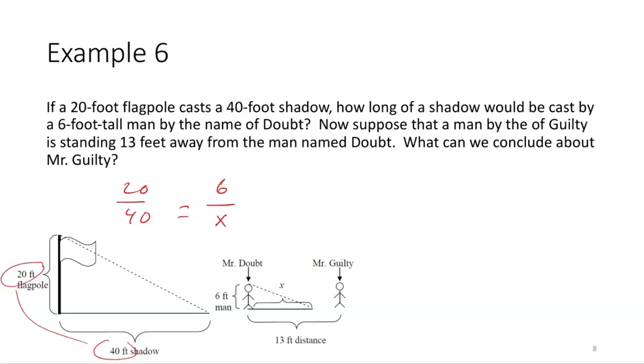So the cross products: 20 times x is equal to 6 times 40. So 20x is equal to 240. If I divide both sides by 20, I get x is equal to 12. So Mr. Doubt casts a 12-foot shadow.